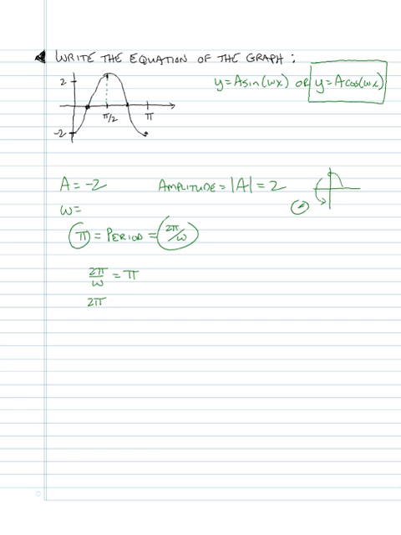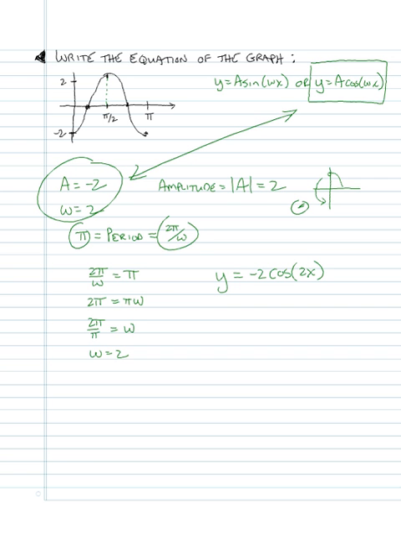Then when we divide through by pi, omega is 2 pi over pi, or omega itself is 2. Now, with this information and the fact that it looks like a cosine, we get y is equal to our a, which is negative 2, times the cosine of omega x, and omega is 2. So this is the graph of y equals negative 2 cosine of 2x. And now you could think backwards and say, yeah, that's what it would look like if I analyzed this.